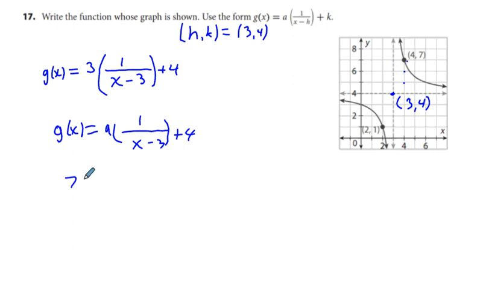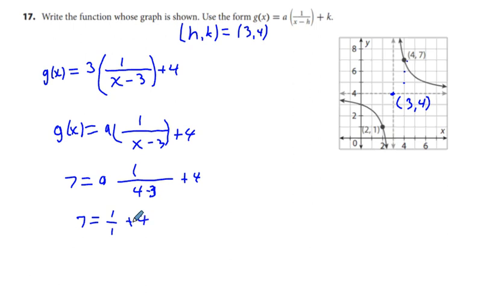So we have 7 equals a times 1 over, in this case, x is 4. 4 minus 3 plus 4. We're going to have 7 equals a over 1 plus 4.